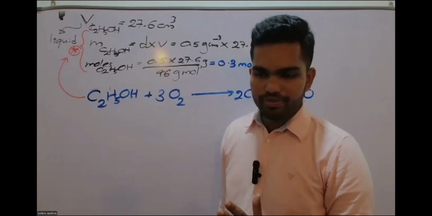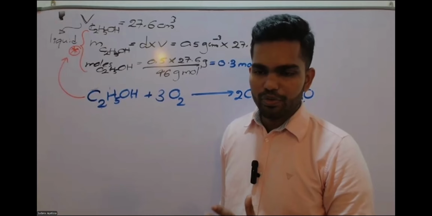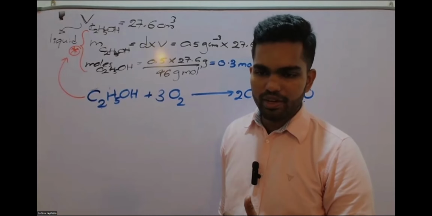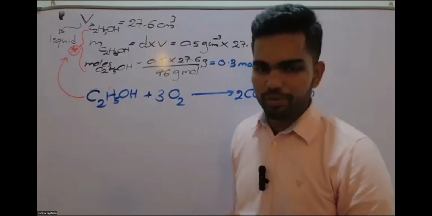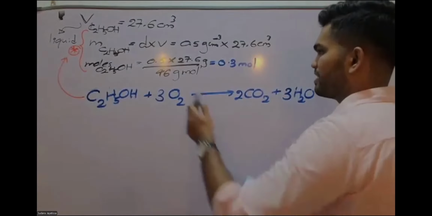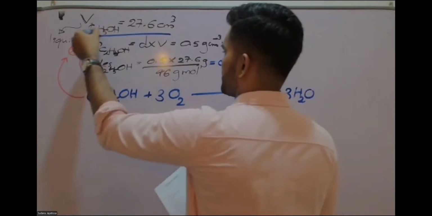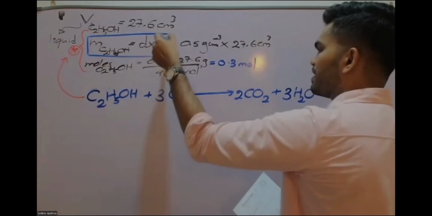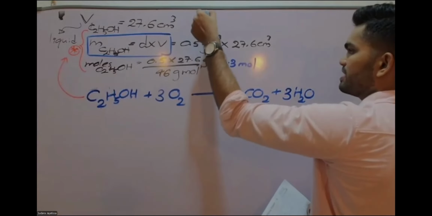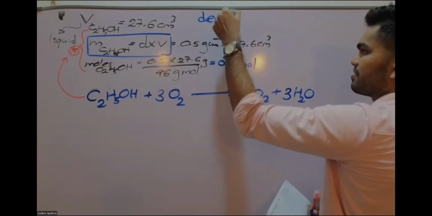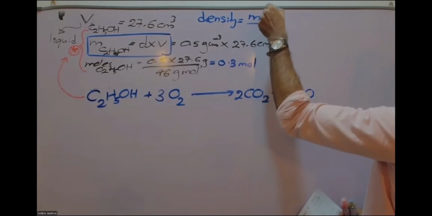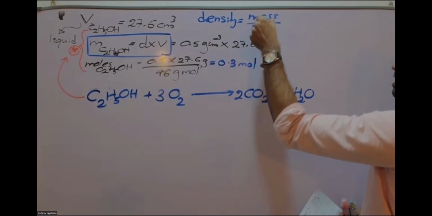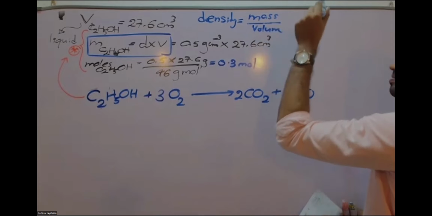Then there is another problem. To find the mass, we have to multiply density into volume. That is the formula. There is nothing new here, actually. This formula is a derived one. The original formula, from your earlier grades, is density equals mass over volume, total mass over total volume.